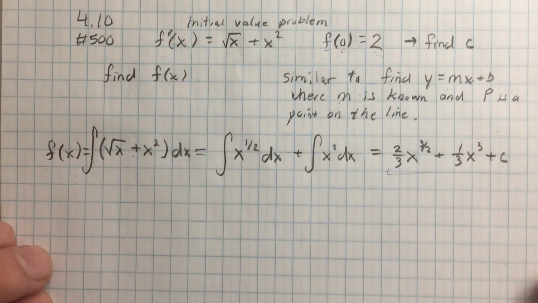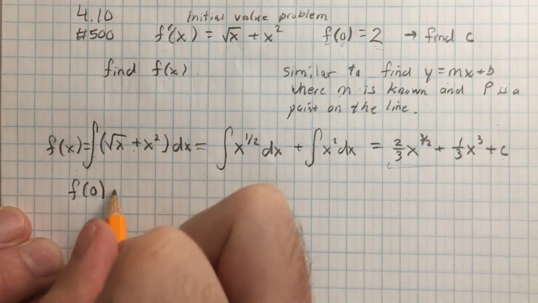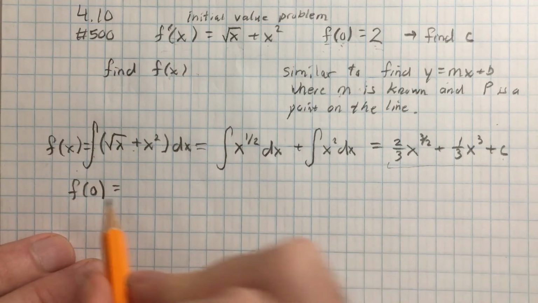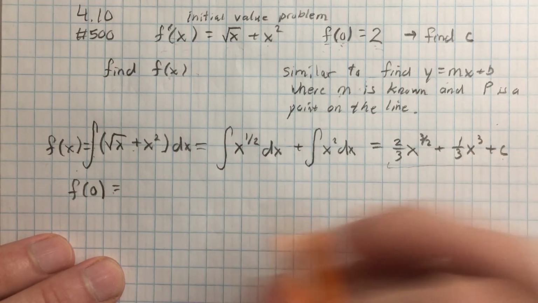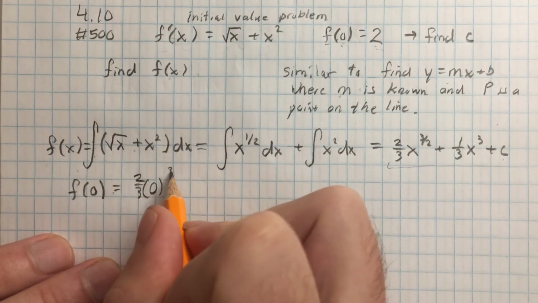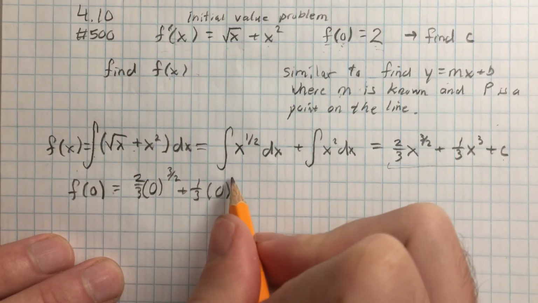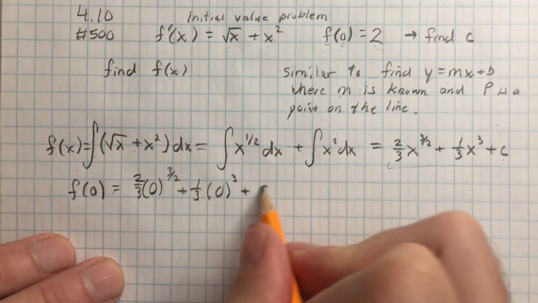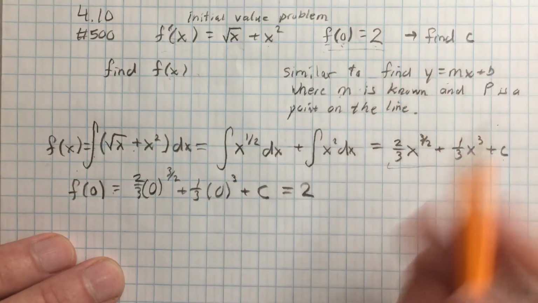So we just apply what they say here, that f of 0 is 2. So f of 0, if I put 0 into what I'm calling the f function at this point, I would have 2/3 times 0 to the 3/2 plus 1/3 times 0 cubed plus c, I don't know what this is yet, has to all equal 2 according to what it said here.